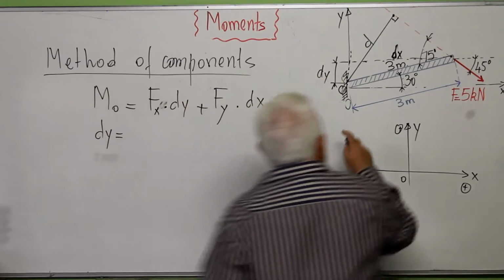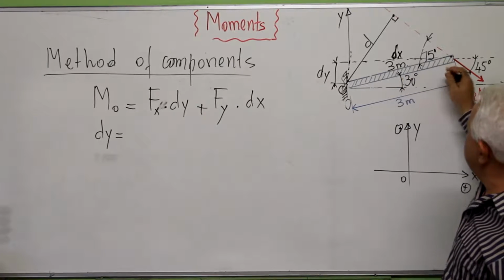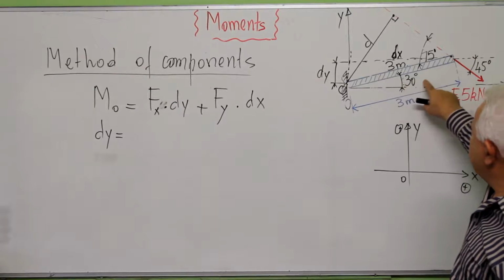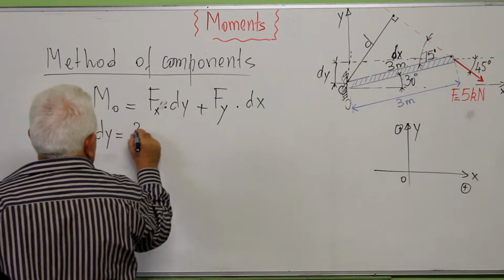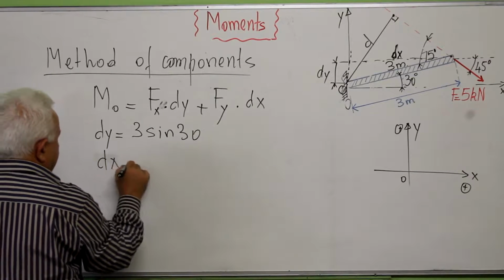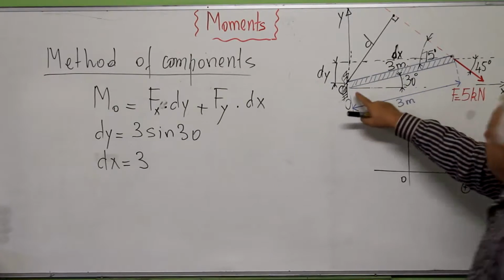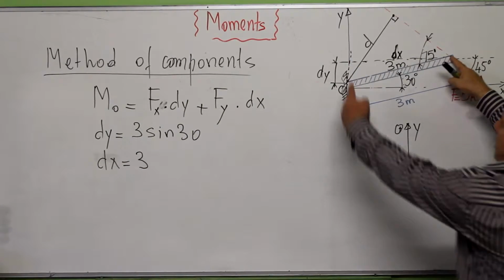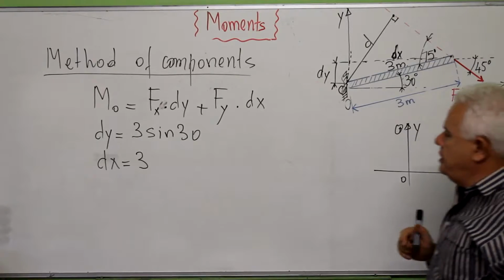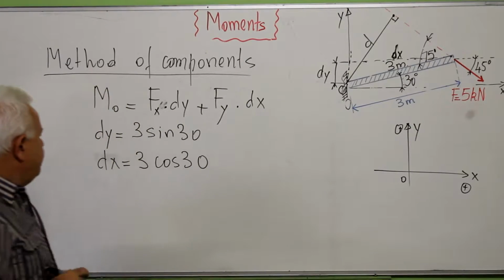The angle here is 30 degrees, so dy equals 3 sine 30. My dx, this distance, corresponds to the cosine of 30, which is 3 cosine 30.